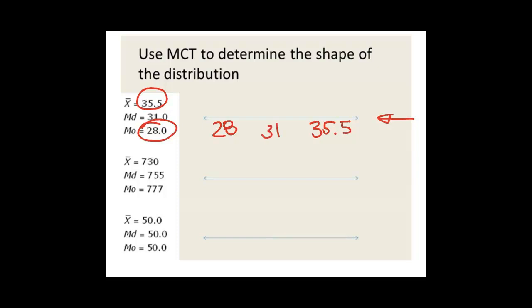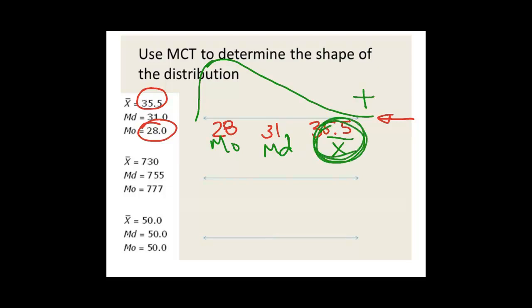Now I know that 35 was for the mean. The median was 31. And the mode, 28. On the mode, you're going to go to the highest point of the curve. And this is skewed to the positive or right side because that's where the mean is. If the mean is to the right of the median, then it's skewed to the right.